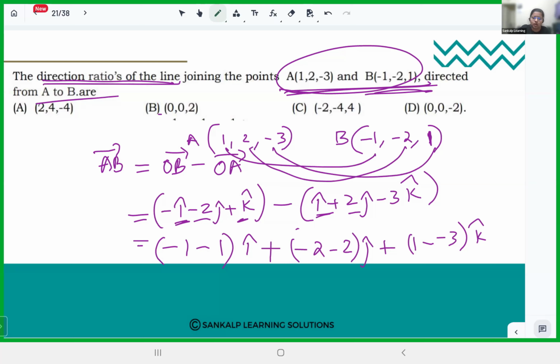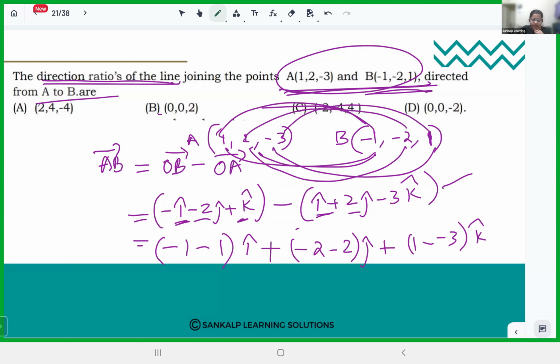You can do it in a single step also. You don't need to write all these steps because it is a 1 mark question. Since I'm doing it for the first time, I'm explaining it step by step. You can directly subtract it and find out the answer: -1 -1 for the i component, then -2 -2, then 1 -(-3).